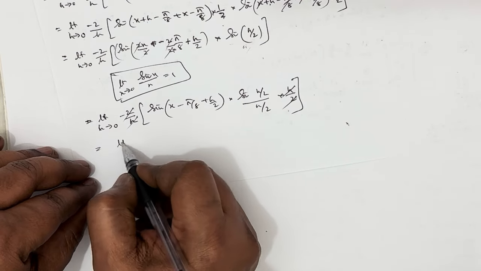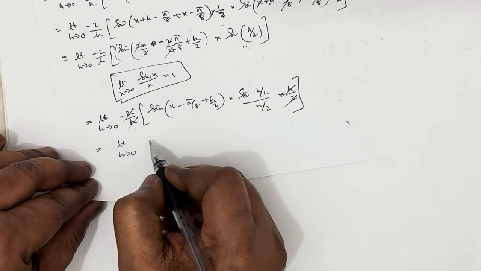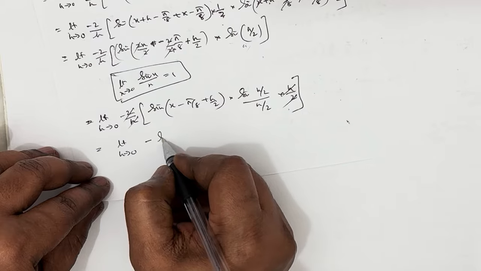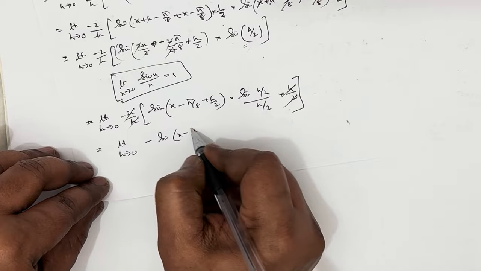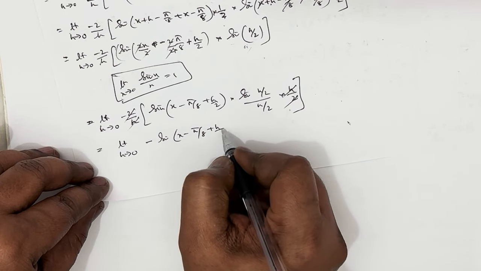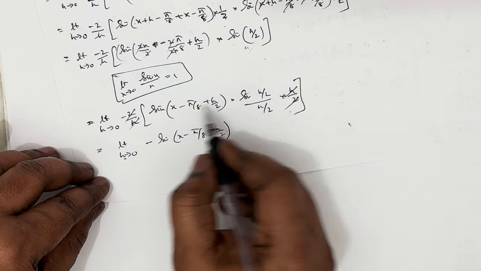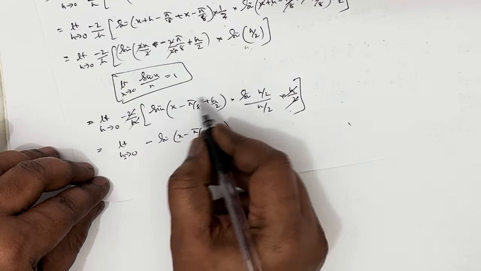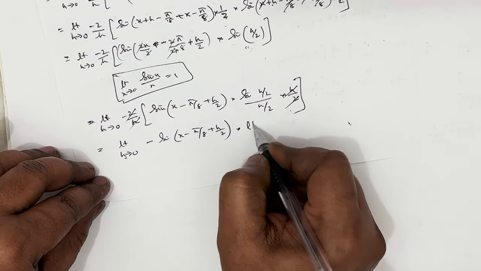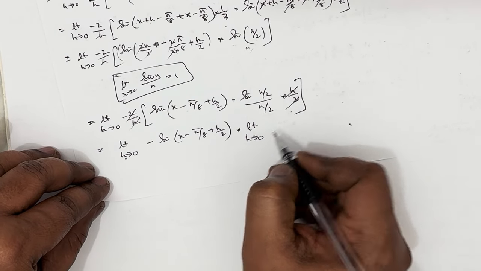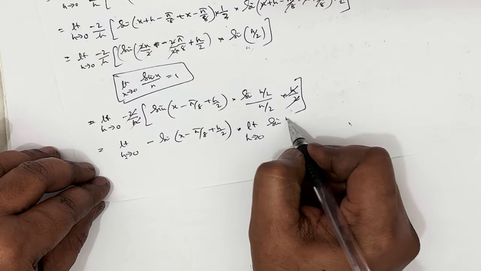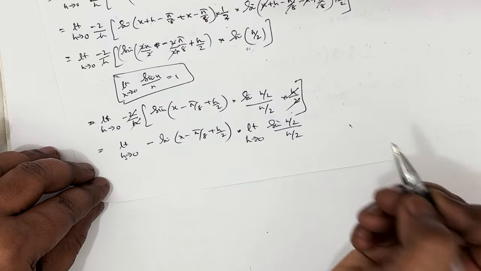Now this h and this h will go, this 2 and this 2 will go. So you have limit h tends to 0 negative sine of x minus pi by 8 plus h by 2. Now let's take the limit, distributing it to the two functions, multiplied by limit h tends to 0 of sine of h upon 2 upon h upon 2.